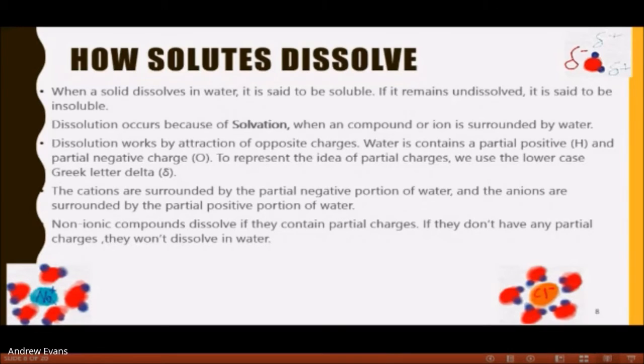Now, this dissolution happens because there is a certain amount of opposite charges, and opposite charges attract. Within water, there is a partial negative charge on the oxygen. Remember when we talked about dipoles? When we talked about dipoles, we said that the electronegativity of oxygen is big, the electronegativity of hydrogen is small, so the net effect is that there is a dipole pulling the electrons towards the oxygen.